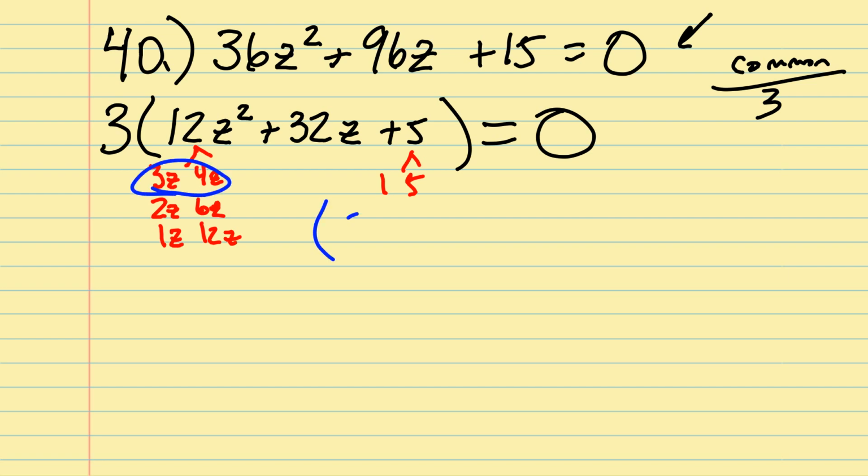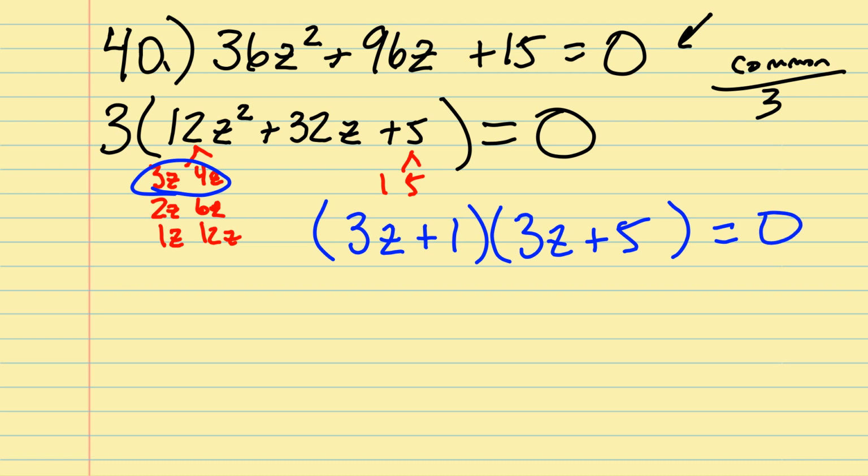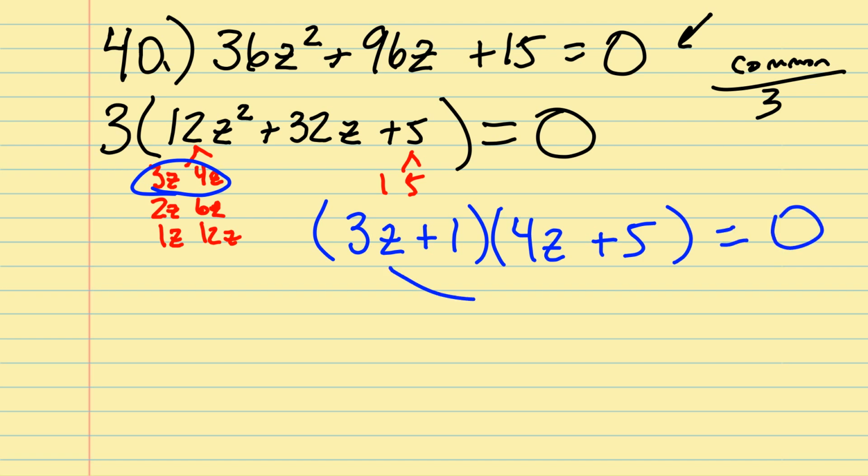So I'm going to put 3z plus 1, 4z plus 5. I'm sorry, it should be 4z, I'm being crazy. I do the outside, gives me 15z. The inside gives me 4z. Together, that's 19z.